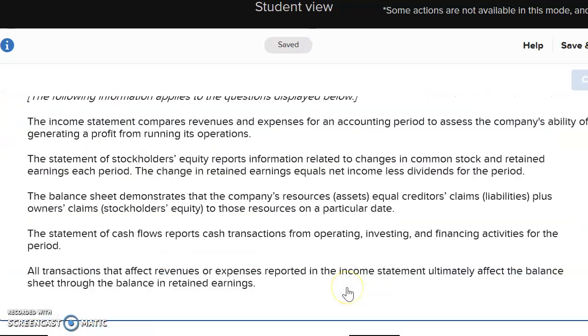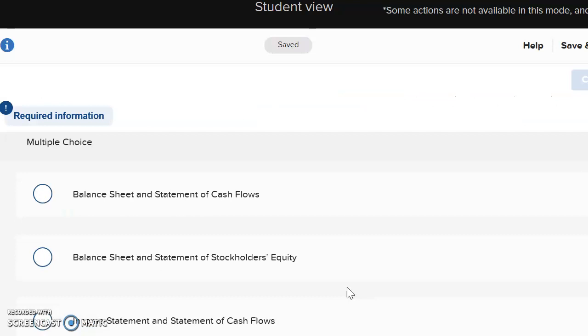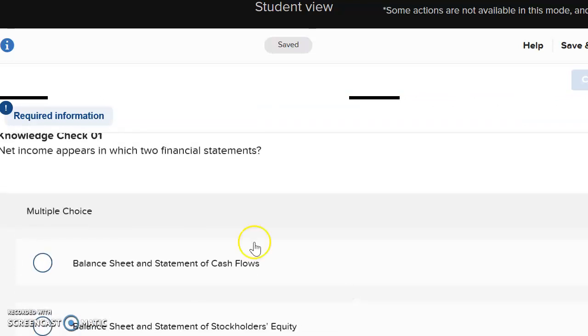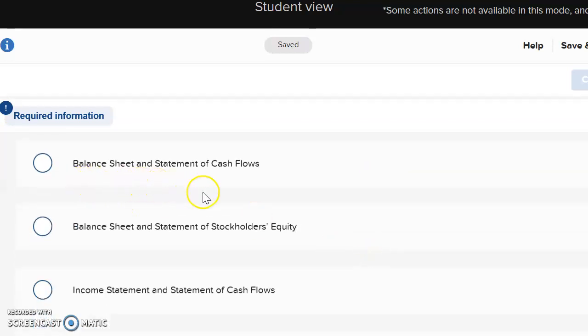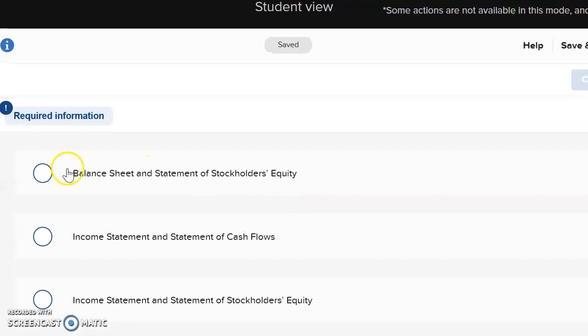All right, this is another question regarding that same information. Net income appears in which two financial statements? So, is it the balance sheet and the statement of cash flows, the balance sheet and the statement of stockholders' equity, the income statement and statement of cash flows, or the income statement and statement of stockholders' equity?